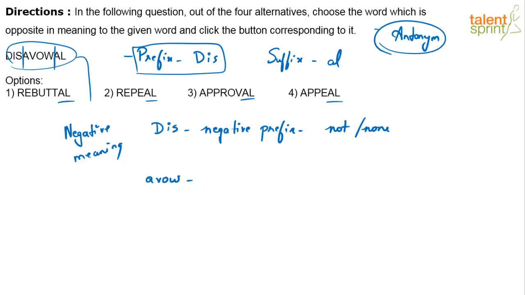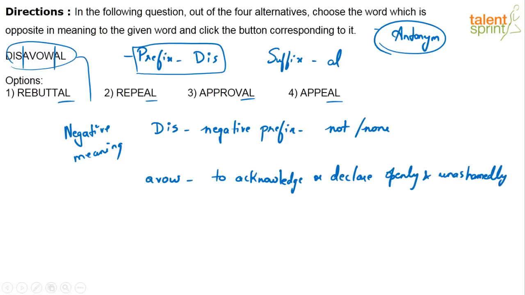So avow as a root means to acknowledge or declare openly and unashamedly. Okay, so we've taken dis, the prefix, we've taken al, the suffix, we've looked at what the root also means.